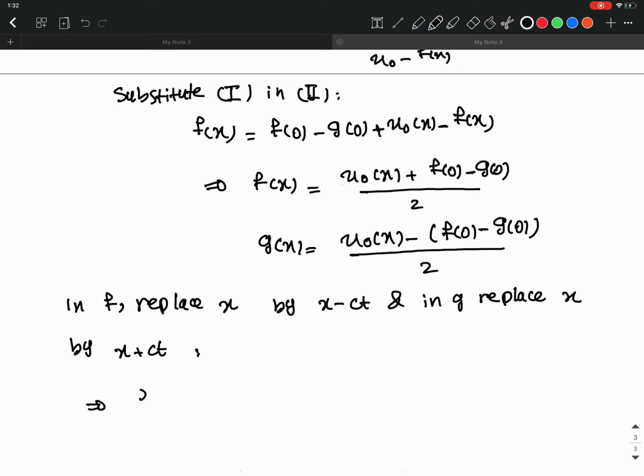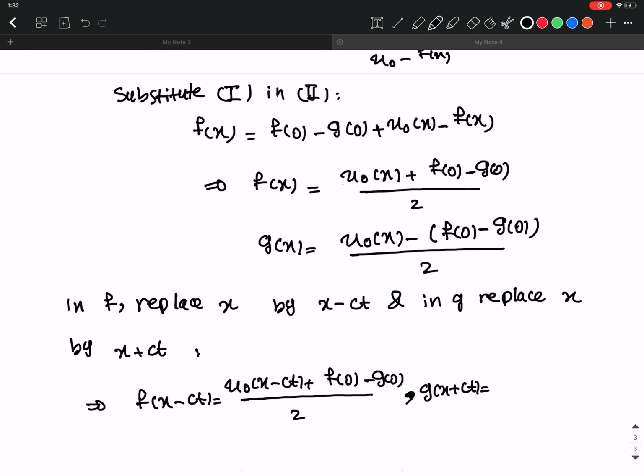So we are gonna have f(x minus ct) equals to u naught (x minus ct) plus (f0 minus g0) over 2, and g(x plus ct) equals to u naught (x plus ct) minus (f0 minus g0) over 2.